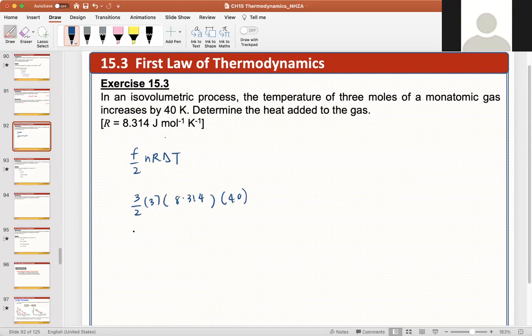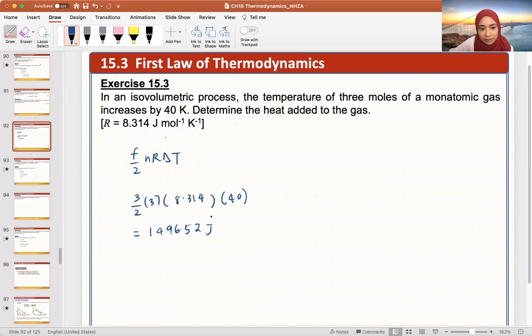Lepas tu dapat 1496.52 joules. Yang ni apa, Afrina?